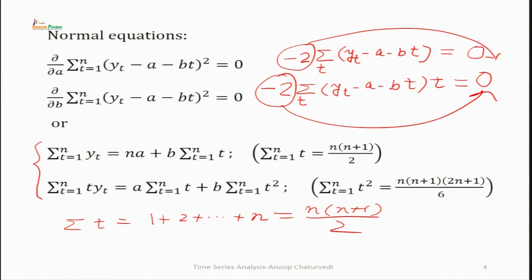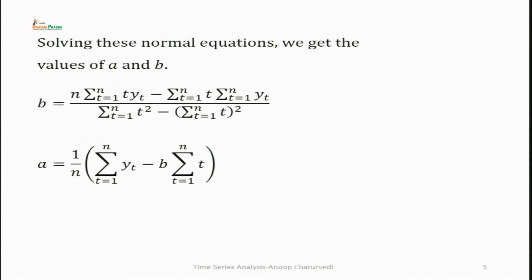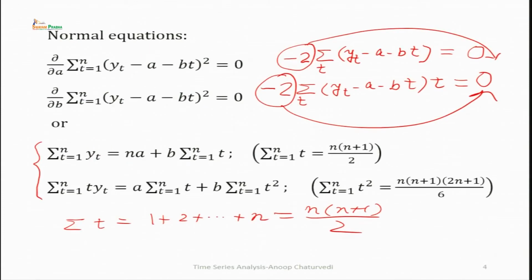You can easily solve these two equations and obtain these values of a and b. How can you solve these two equations? So, you multiply the first equation by summation t and you multiply the second equation by n, and then you subtract the first equation from the second equation, and then you solve it, you get the value of b, and then from the first equation you can easily find the value of a in terms of b.